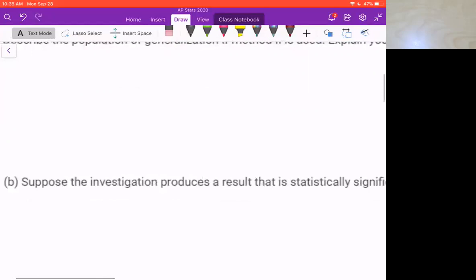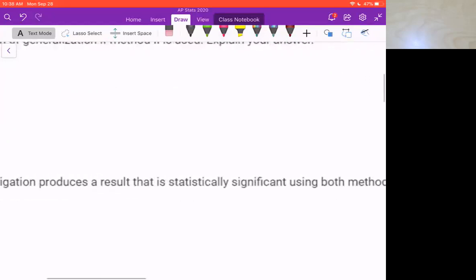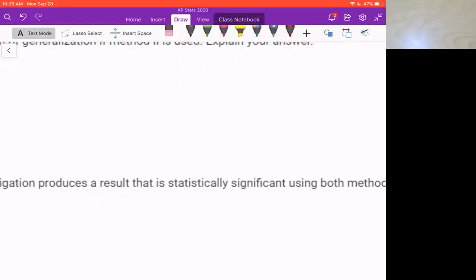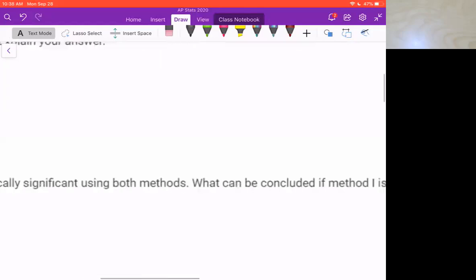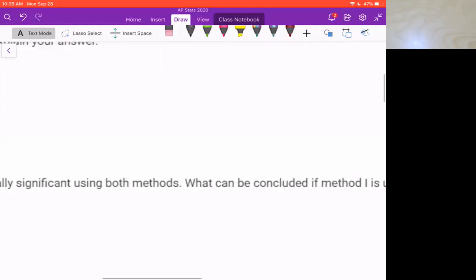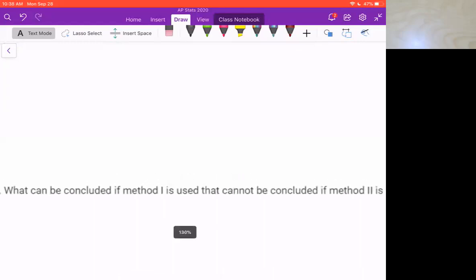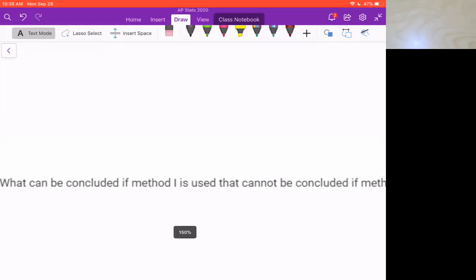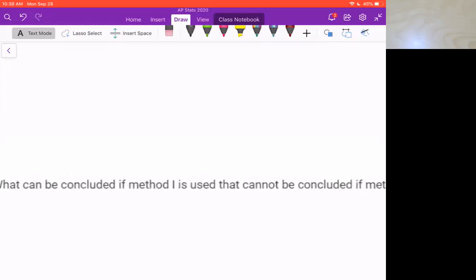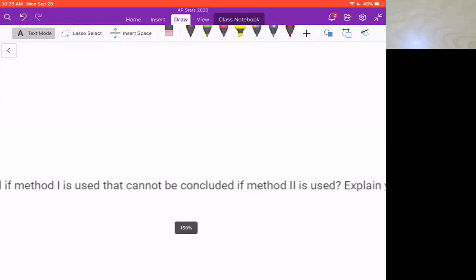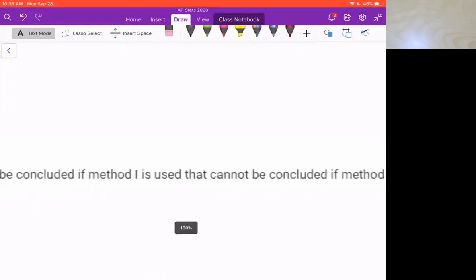And the difference is large enough, that's what statistically significant is, that we don't think it was just random chance. Something is going on. It's not just random chance, okay? So both of these methods gave us statistically significant results. What can be concluded using method 1 that cannot be concluded if method 2 is used?